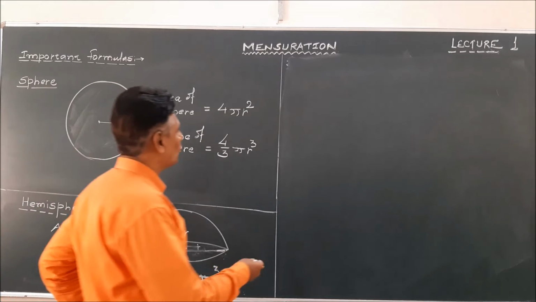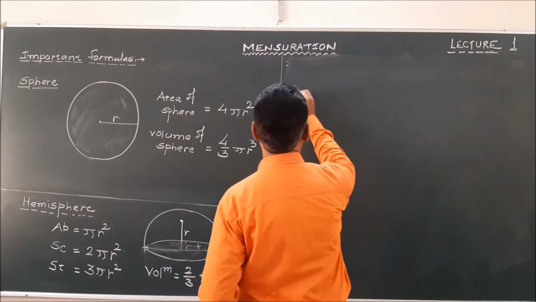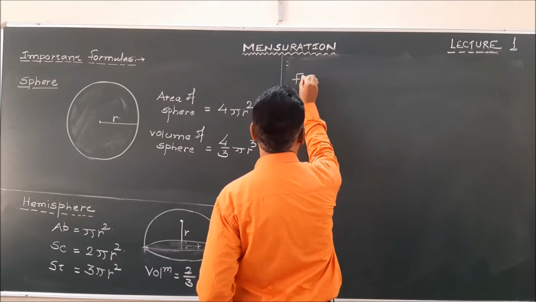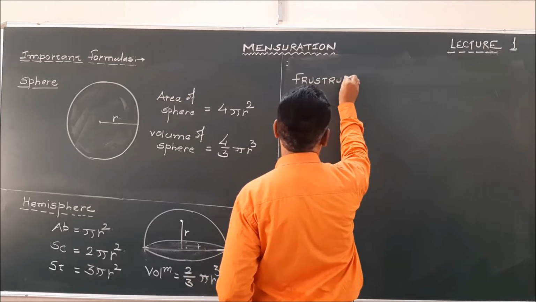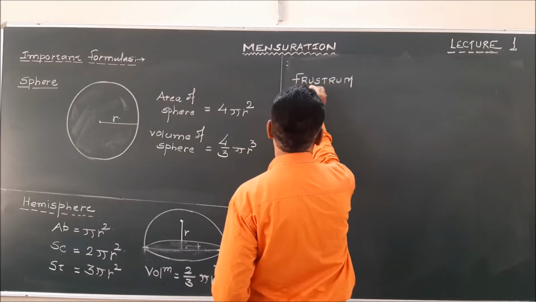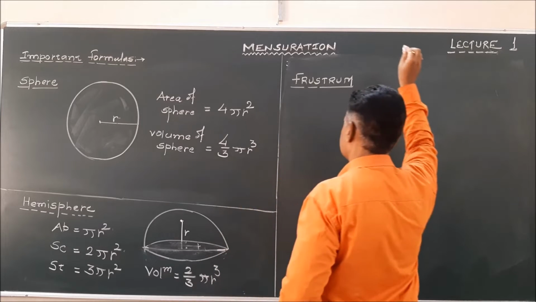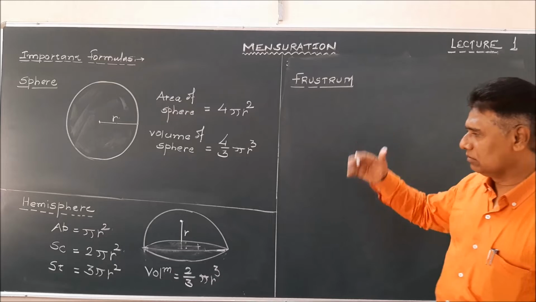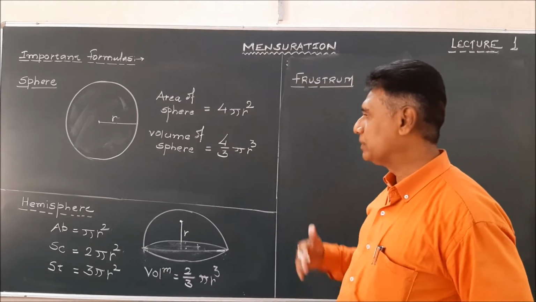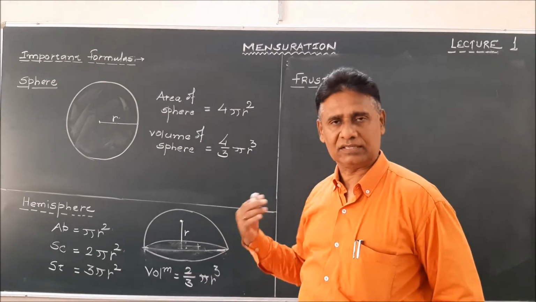Now let's see, the next one is very, very important. That is frustum. This is a new term, okay? Or this is a new object that we came across in 10th standard. More or less you all have gone through sphere, hemisphere, cone and all these things.